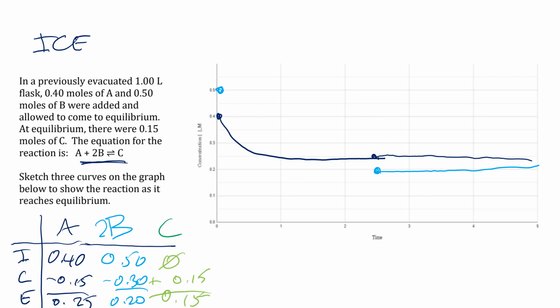You'll notice that this is a steeper curve compared to the other one. Let's make it all look nice and neat. In green, letter C, I start off at 0, and at equilibrium, I'm at 0.15 moles. Same time, we reach equilibrium, put that there, and now you can see your products come up from the bottom, starting at 0.